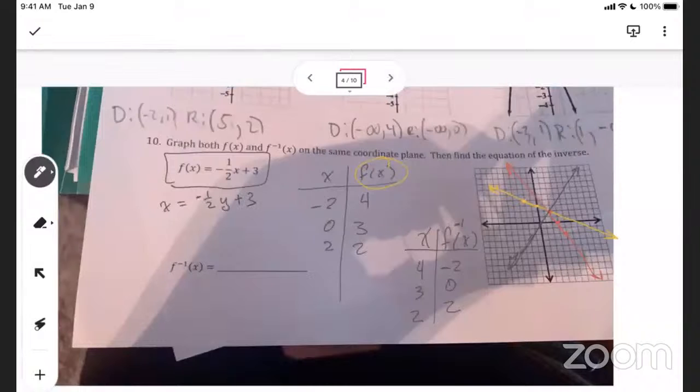And now I have to solve for what? You subtract 3. Good. I have to solve for the y, so I subtract 3 first. So x minus 3 equals -1/2 y. And now what? You divide by -1/2. And what's dividing by -1/2 the same as doing? Multiplying by -2.